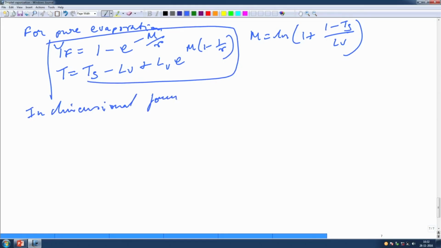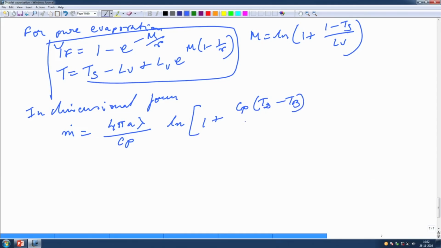In the dimensional form, your m dot will be given by 4 pi a lambda by Cp, ln of 1 plus B. Here, this particular factor, we define a factor called Bv or Bh, whatever you call it, Cp (T infinity minus Ts) by Qv.